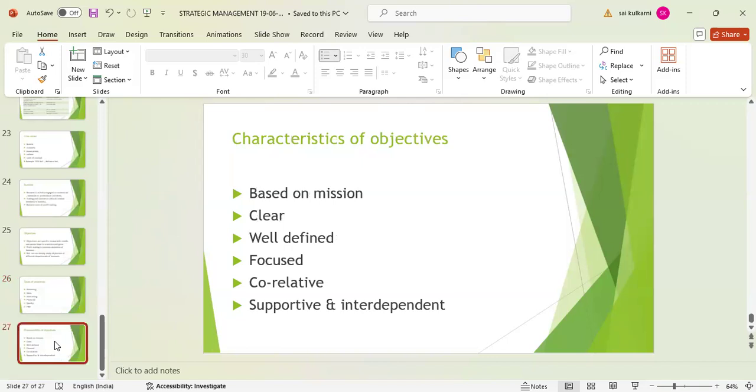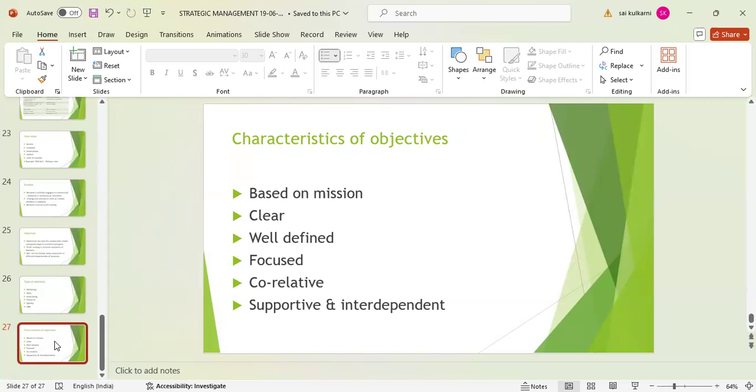The supportive objectives should be interdependent. They should support each other to grow. So this is all about objectives.